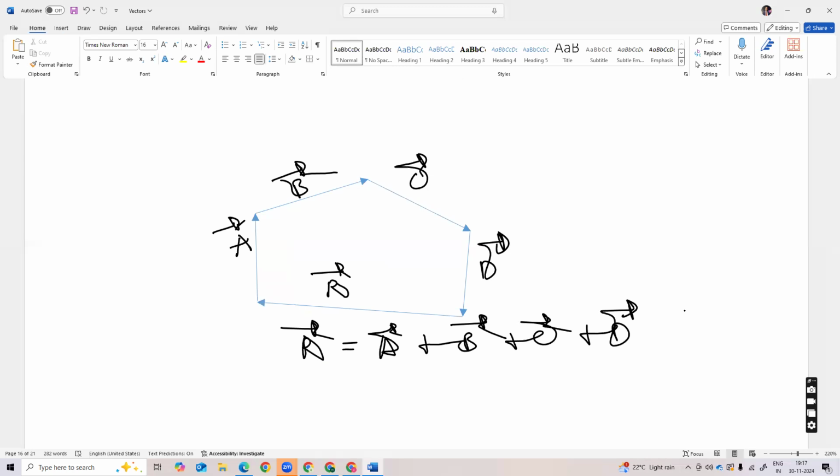If you have to find the resultant of vectors arranged such that the head of one vector touches the tail of another, you can simply find their resultant like this. Okay.